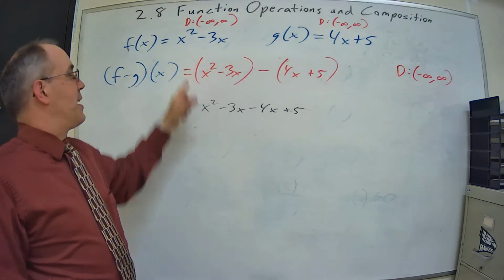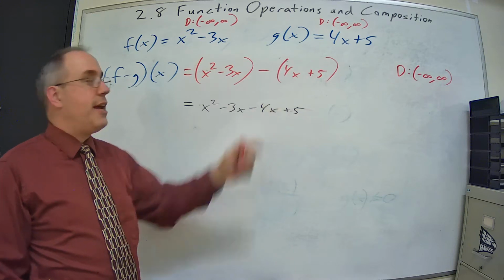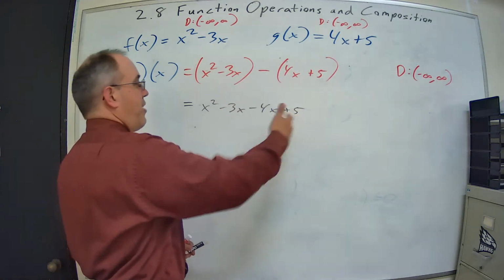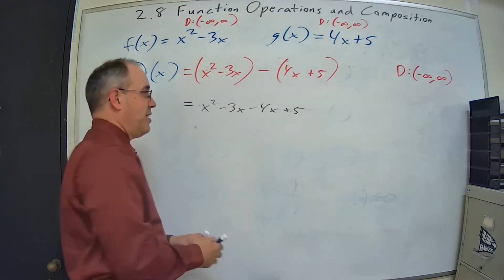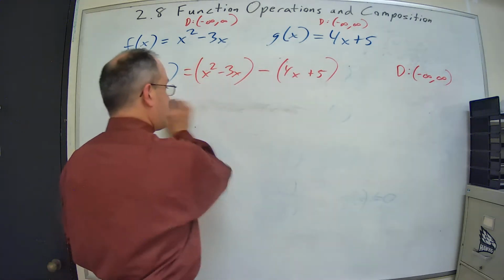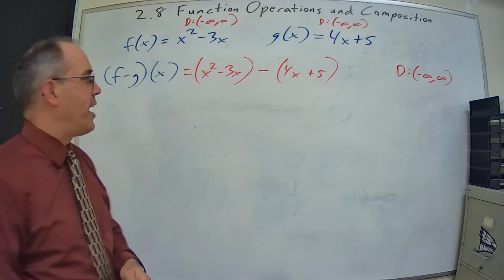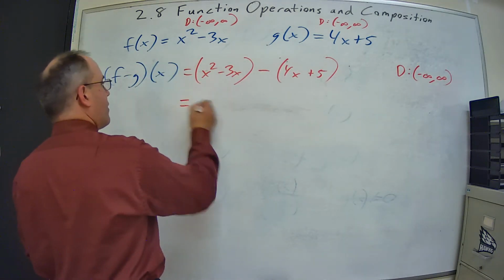If they're just saying x squared minus 3x minus 4x plus 5, and what did we do? We didn't distribute that through. We said this, we meant to subtract the whole thing, but that's not how we wrote it. So that's why I'm very careful about putting the parentheses in and making sure that I follow through with that.